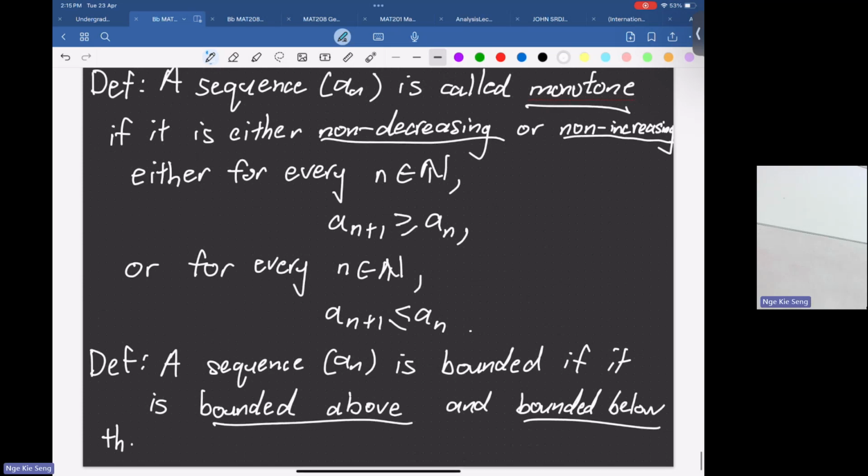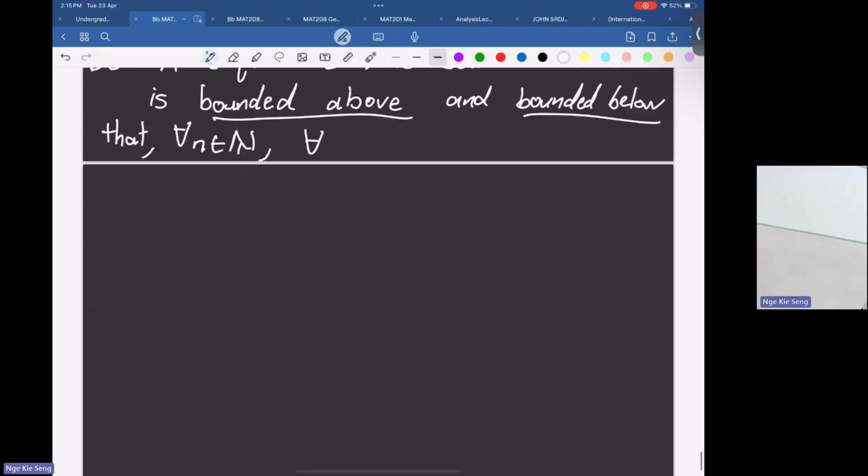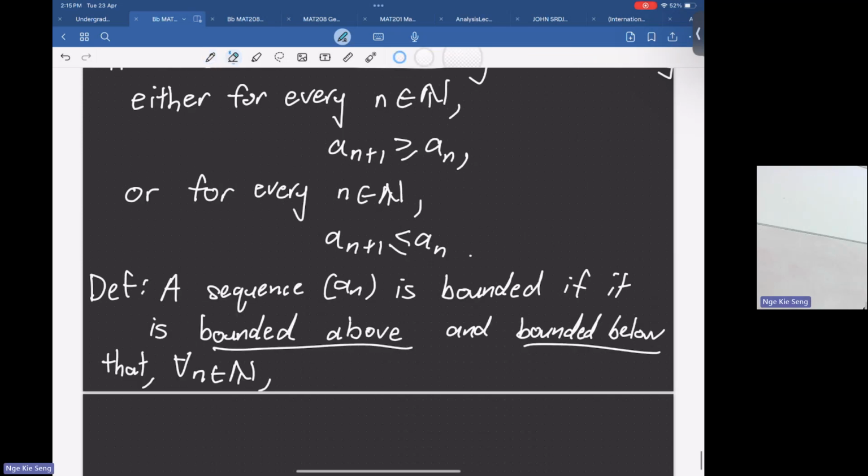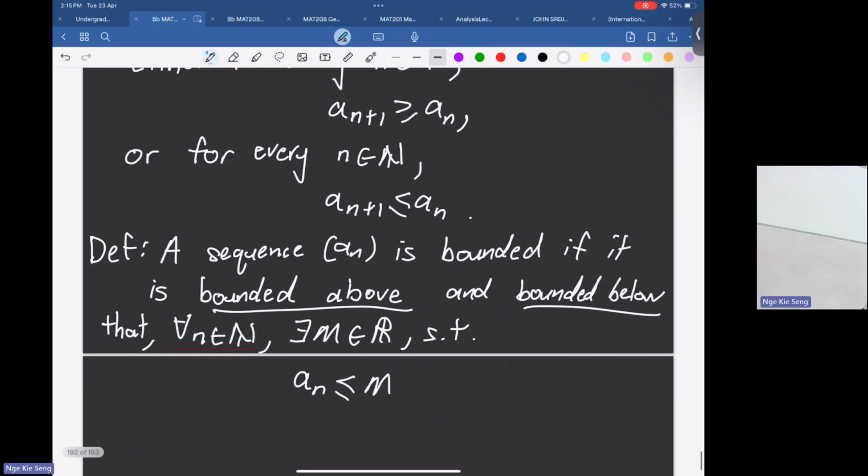That is, for every n in N, there exists an upper bound. So there exists M in R such that all the terms an are less than or equal to M. This one is bounded above.